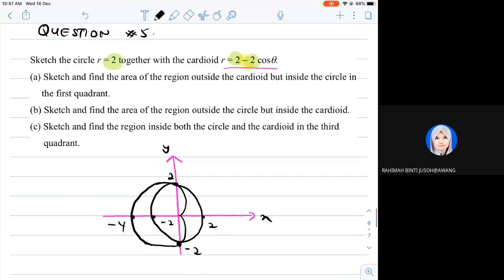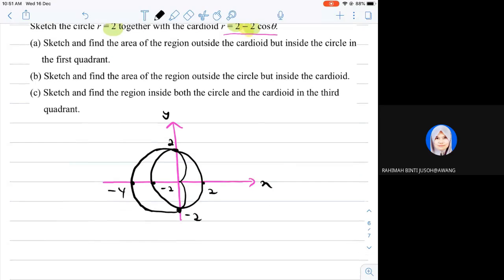Let's do question A first. Sketch and find the area of the region outside the cardioid but inside the circle. Okay, outside the cardioid but inside the circle.